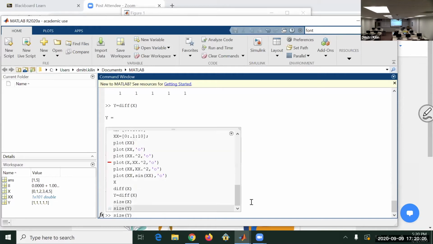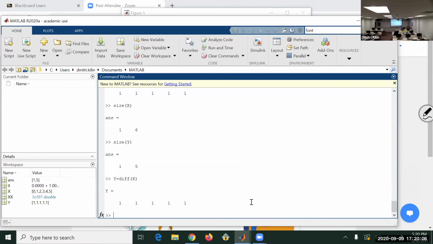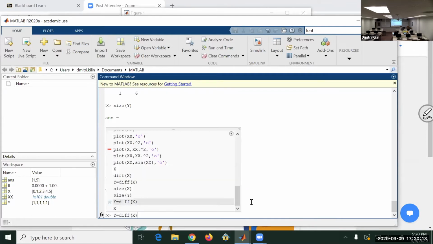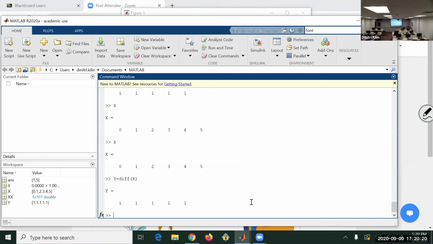So can you guess how this diff works? What does it mean? A little more prosaic. It's a difference. So last minus second last, 1. Second last minus third last, 1. 3 minus 2, 1. 2 minus 1, 1. And the number of differences is less than the total number of records.